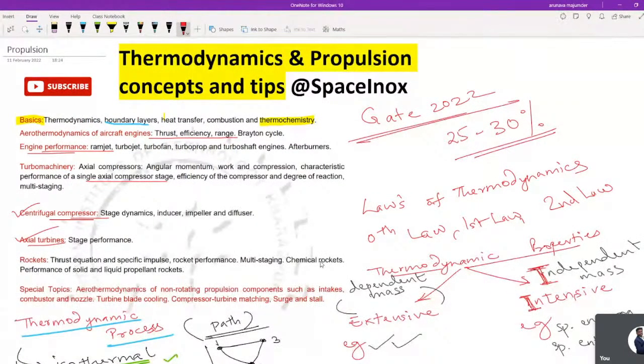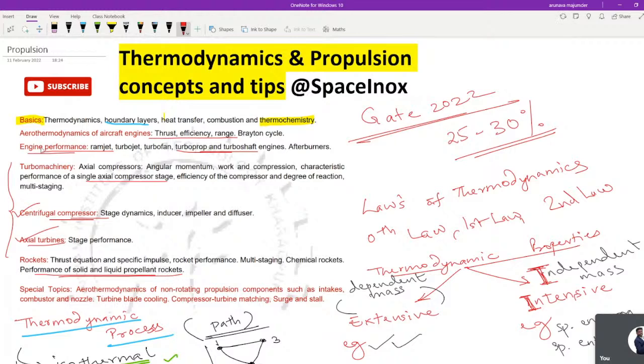So as there is a lack of time, I will just show you how you can easily revise and remember the efficiency formula and the velocity triangle diagram for all these things. And then I will give you a glimpse about rocket propulsion, how you can prepare, and what the formulas are.